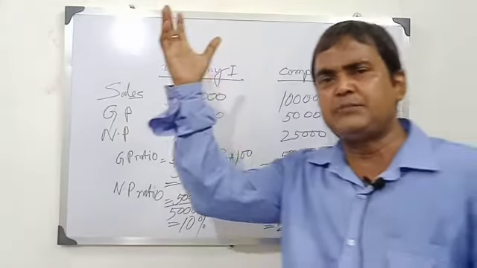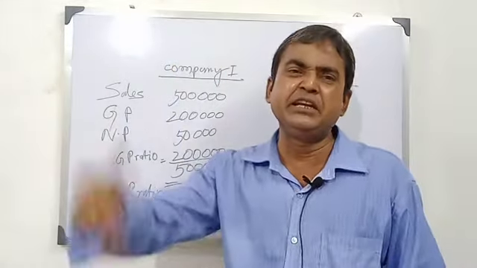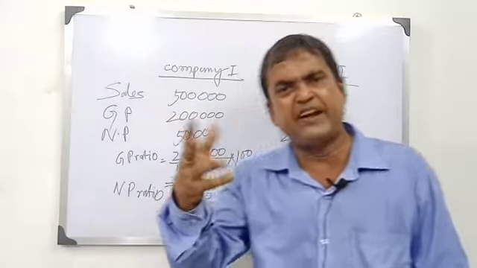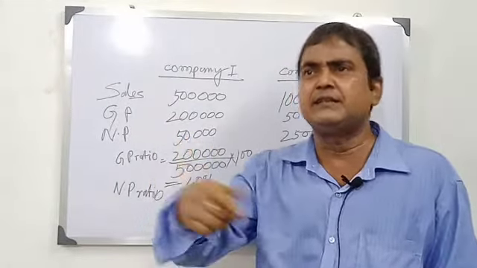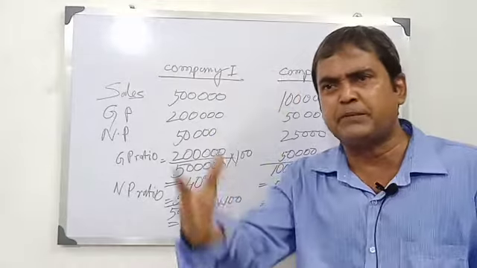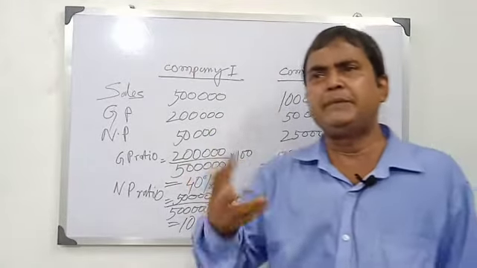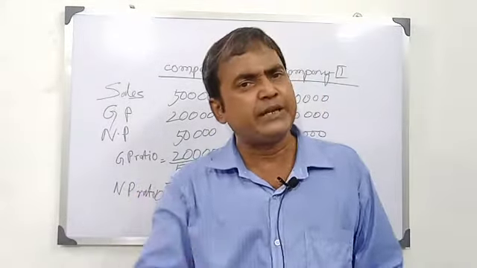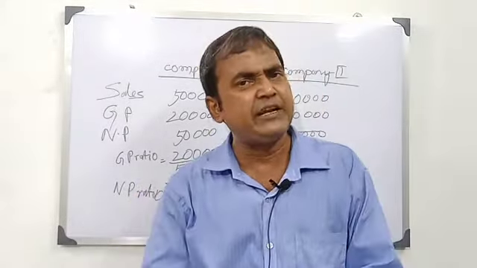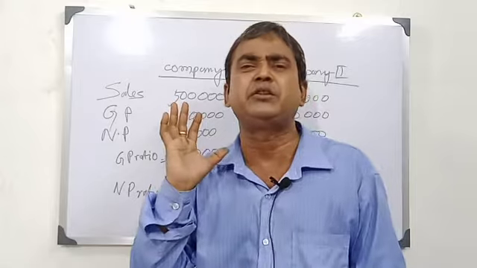Ratio can be classified behaviorally, position wise, with position statement ratios and profit and loss statement ratios, and then there is functional classification. Here I am going only for the functional classification.